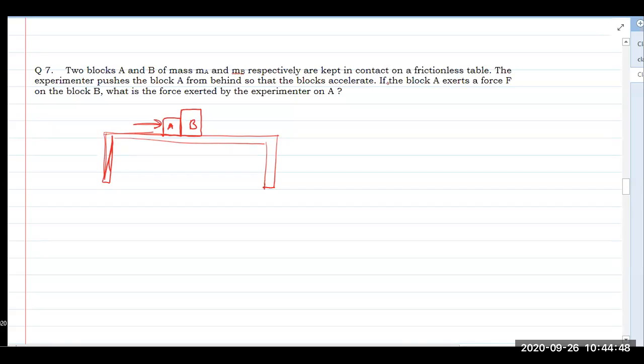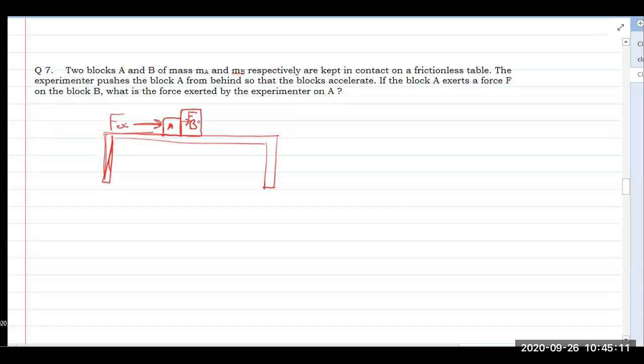If block A exerts force F on block B, so an external force is applied and A exerts a force F on B. This internal force, the force between these two, is F. It is given.